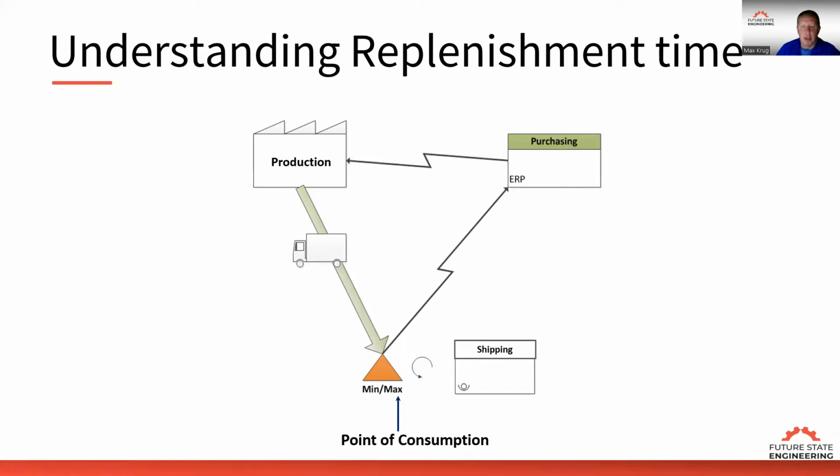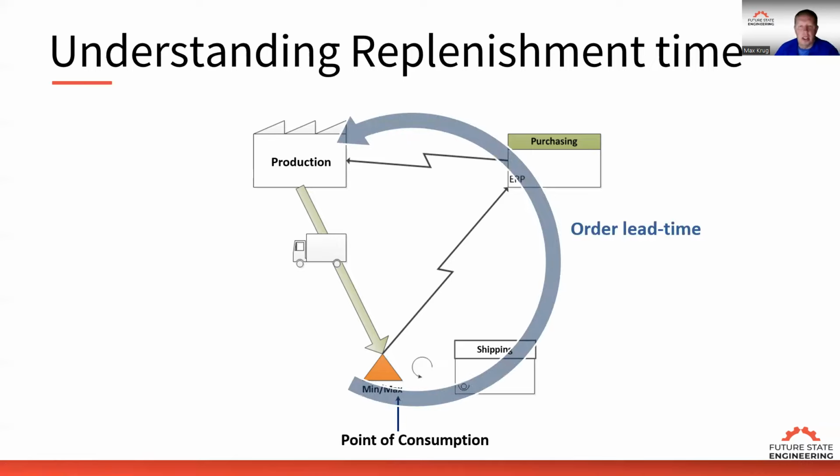Then we start consuming inventory until we hit some reorder point. And when we hit that reorder point, that becomes the order lead time. Then we place the order for those items either to an outside supplier, or we create a new order internally, and that has to go through and be made. So that's the supply and production lead time.